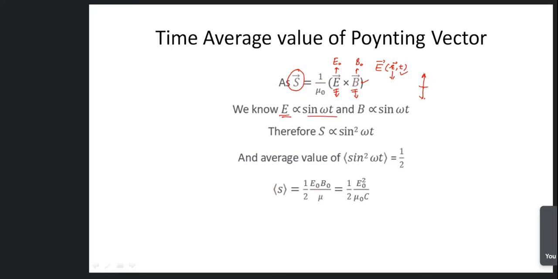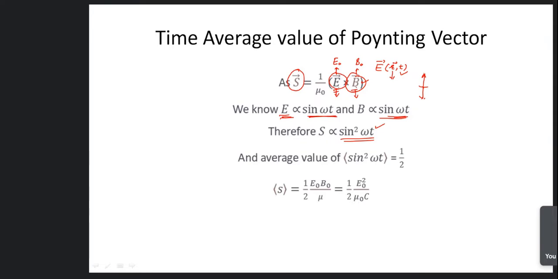So we can write E as proportional to sine omega t, and B is also proportional to sine omega t. So we have the product of sine omega t and sine omega t. We can say that S's dependence on time is sine square of omega t. As I said, this varies from 0 to its maximum value.